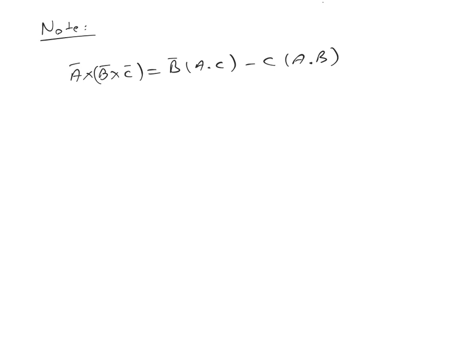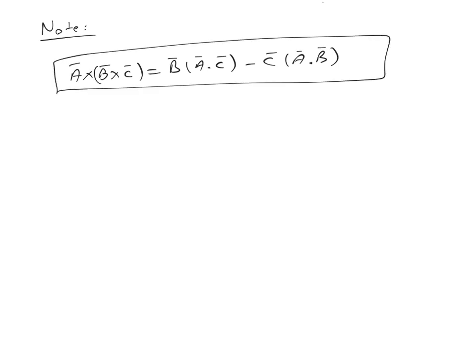Now, independent of these examples, I will write an equality about the cross product operation as a note, which is a vector triple product, and it is, and this equation is also known as the BAC-CAB rule.